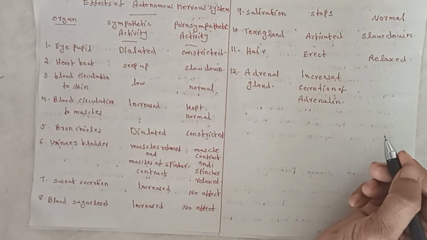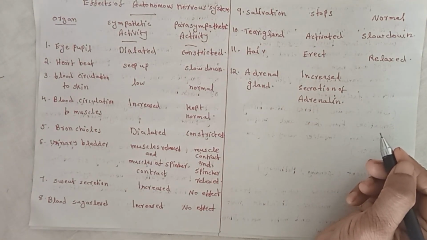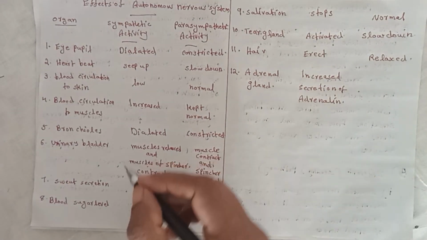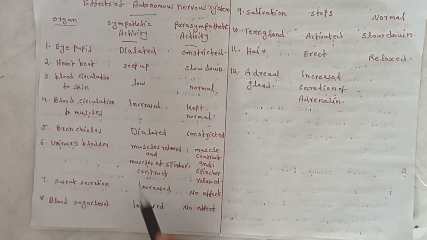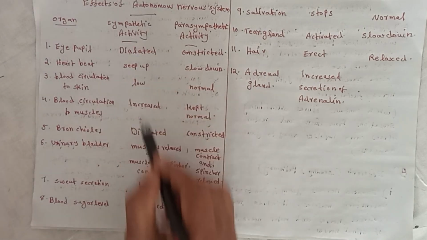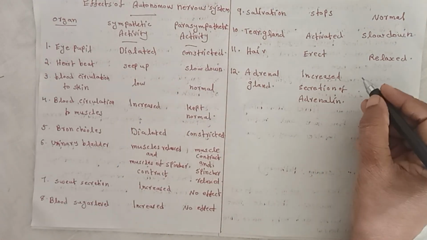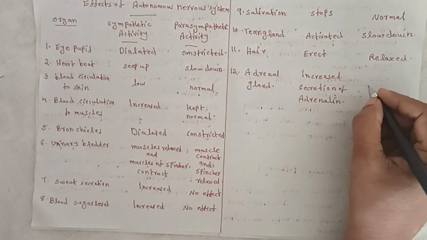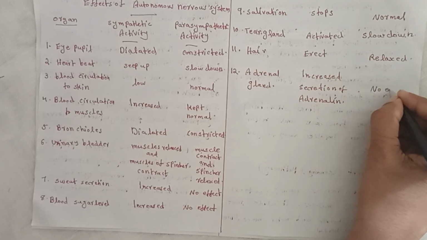Adrenaline is known as the emergency hormone. The oversecretion of adrenaline causes the effect of all sympathetic activities. No effect.